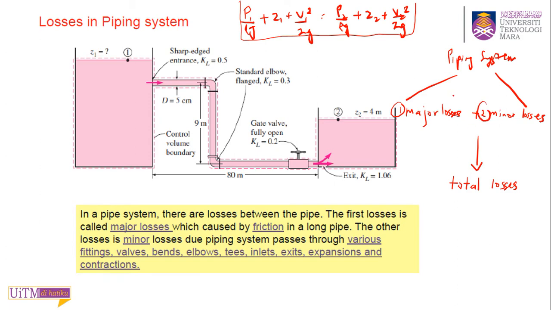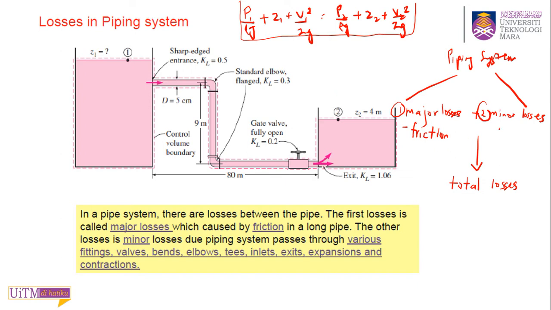What is the cause of the major losses? The major losses are caused by friction, the friction between the flow and the pipe, as we have discussed before. This friction will cause losses in the system.